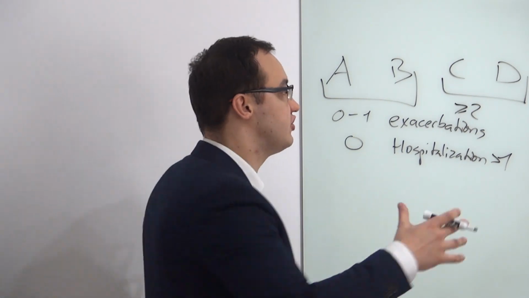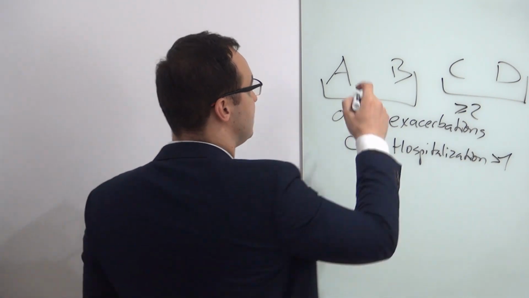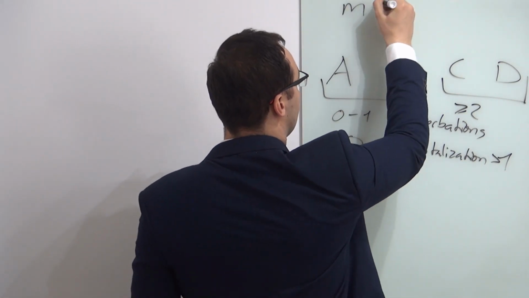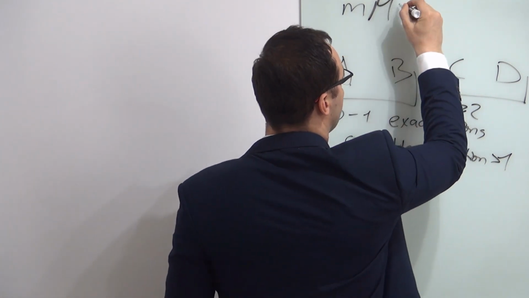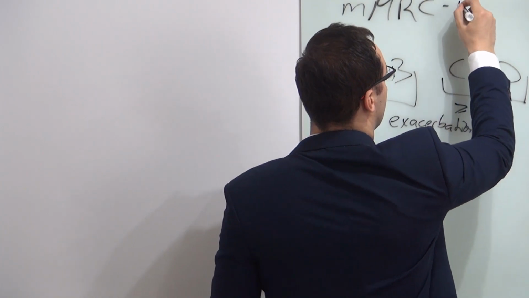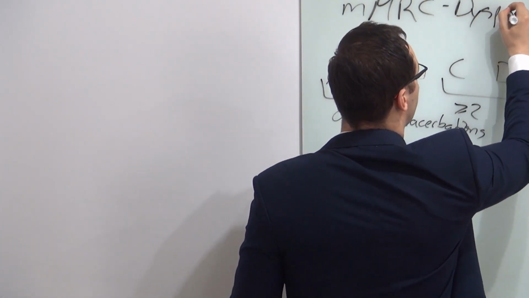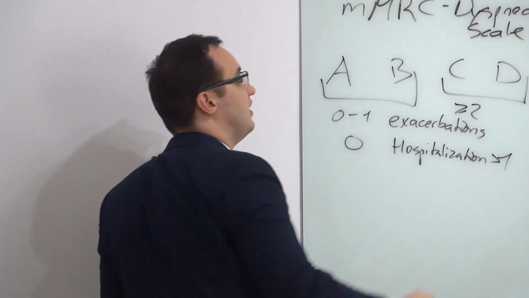Now I need to differentiate between C and D. And how do I do that? There exists something called the Modified Medical Research Council Dyspnea Scale. Dyspnea means difficulty breathing.